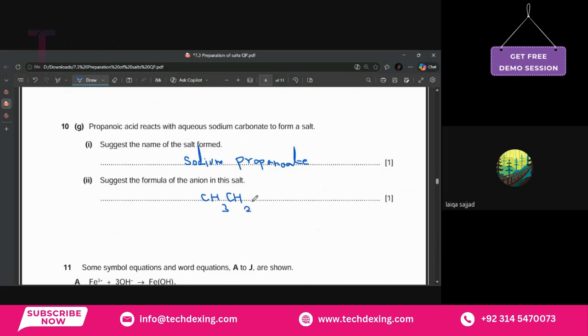Very good. And what would be the cation in this salt? The cation of sodium propanoate would be Na plus, sodium. Yes, very good.